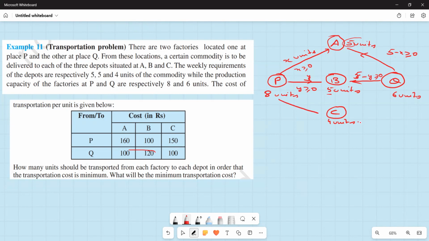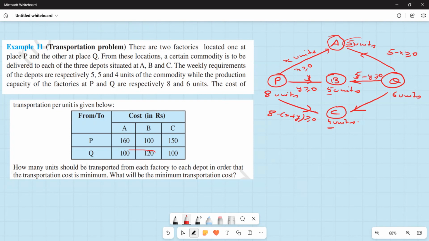So how much is left with P? 8 minus (x plus y), so that only he can supply to C. The total is 4, and 8 minus (x plus y) is supplied by P.